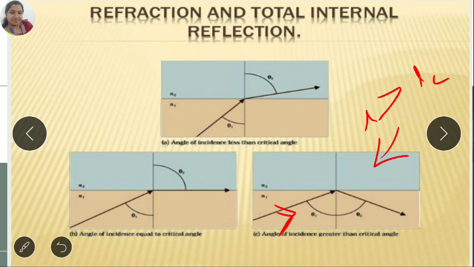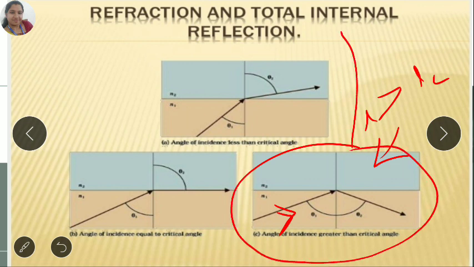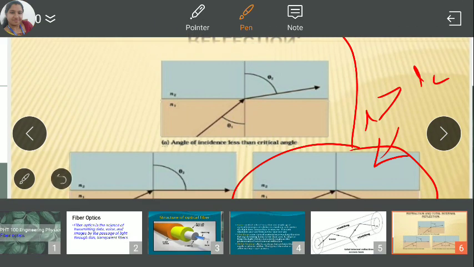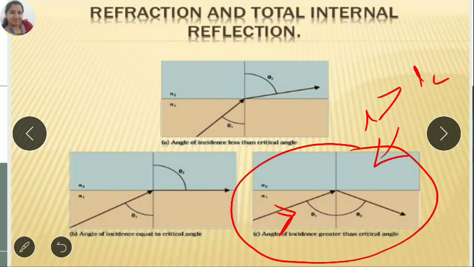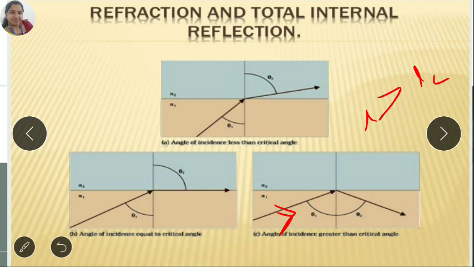When the angle of incidence is greater than the critical angle, light is reflected back into the medium itself. This is called total internal reflection. That is the working principle of optical fiber.